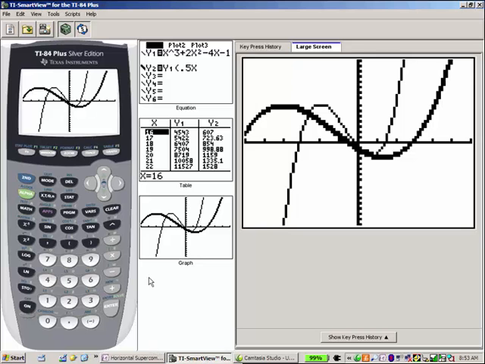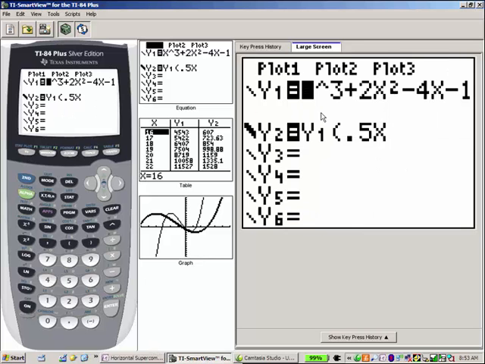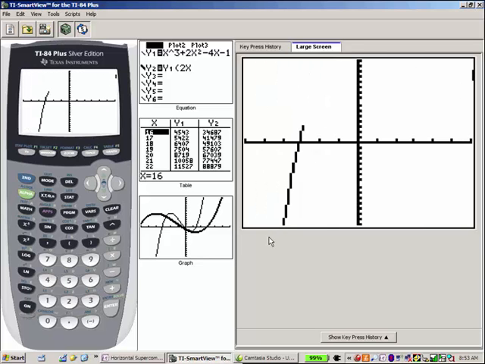If it's 0.5, that's what it looks like if we put a 2 in here and graph it. Here's the original function, and here's y of 2x.